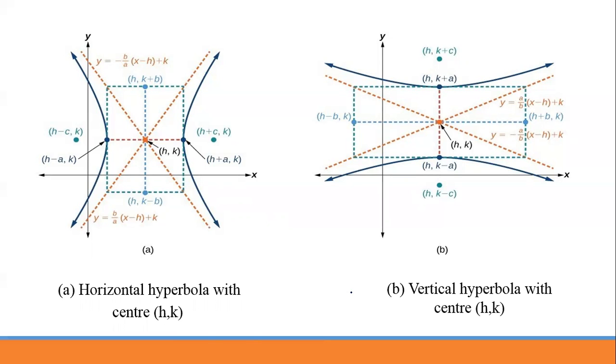Like hyperbolas centered at the origin, hyperbolas centered at point (h, k) have vertices, co-vertices, and foci, that are related by the equation c squared equals a squared plus b squared.